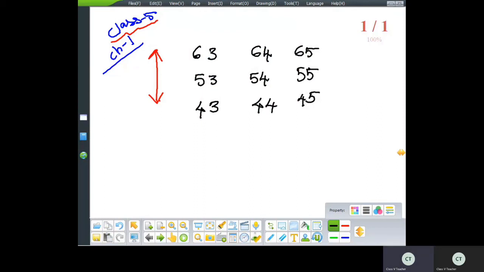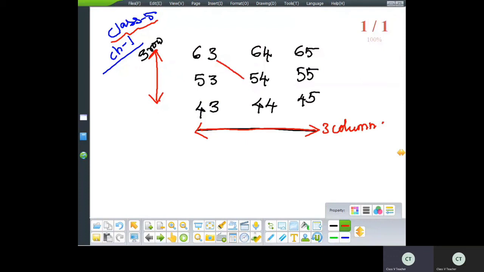So you can see that each number beside is the next number, and here 3 rows are there. Yes or no? 3 rows are there and 3 columns are there. How many columns are there? 3 columns. Here also 3 and here also 3. So in these rows and columns, you can observe one thing particularly.